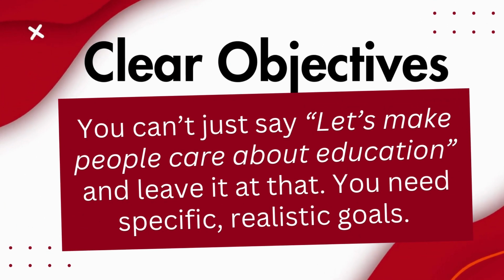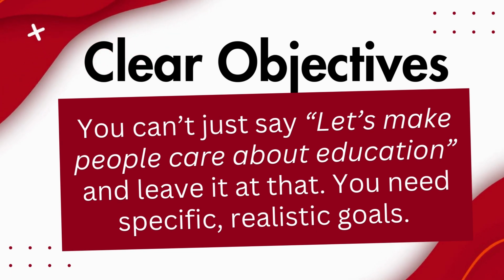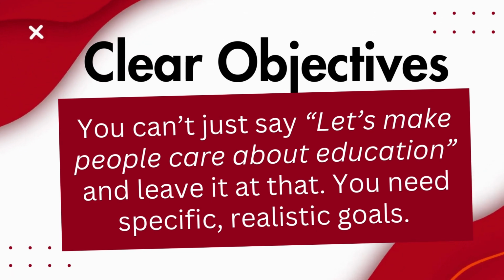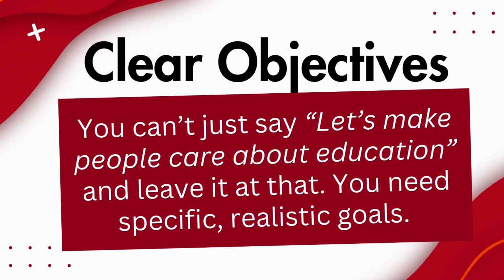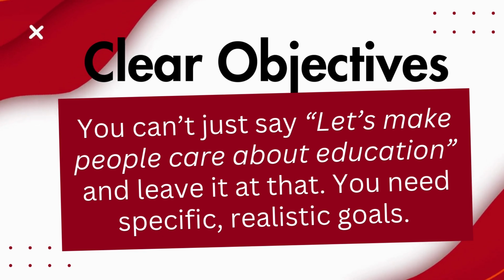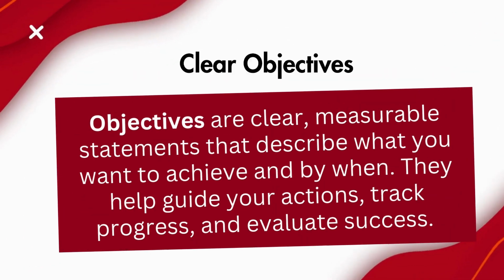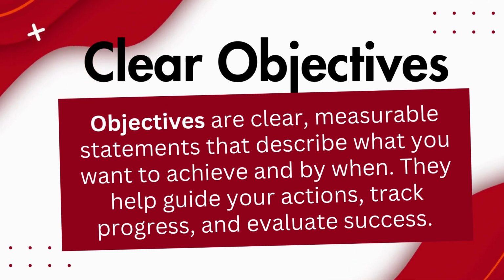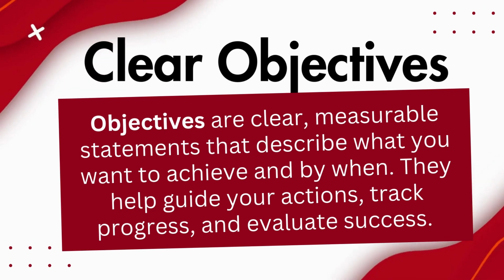One more key part of social marketing is developing a solid strategy with clear objectives. You can't just say, let's make people care about education and leave it at that. You need specific, realistic goals. Objectives are defined as clear, measurable statements that describe what you want to achieve and by when.